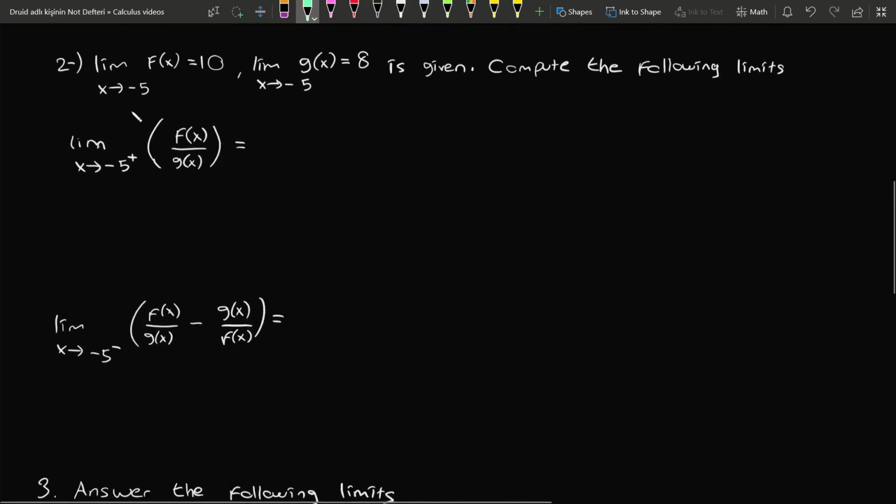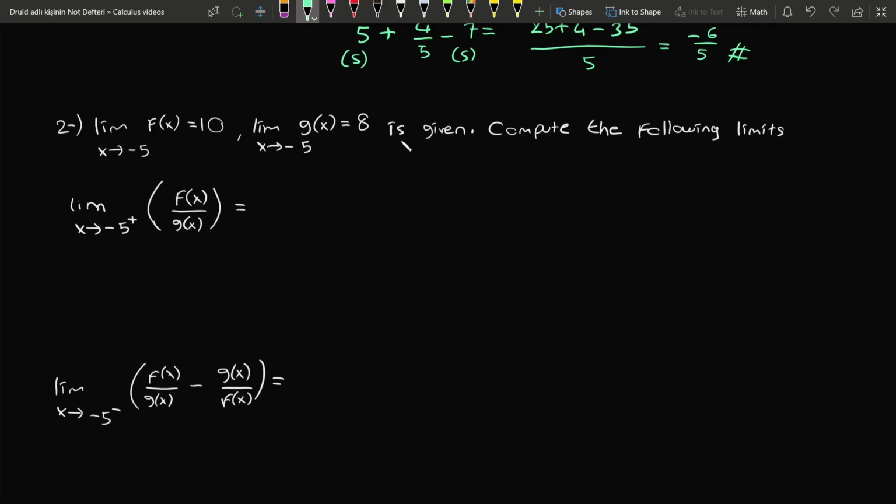Our second question. There are two limits that are given to us again, and it wants us to compute the following limits. So the limit of f(x) over g(x) as x approaches negative 5 from the right side. What is given to us is the limit of f(x) as x approaches negative 5 and the limit of g(x) as x approaches negative 5.